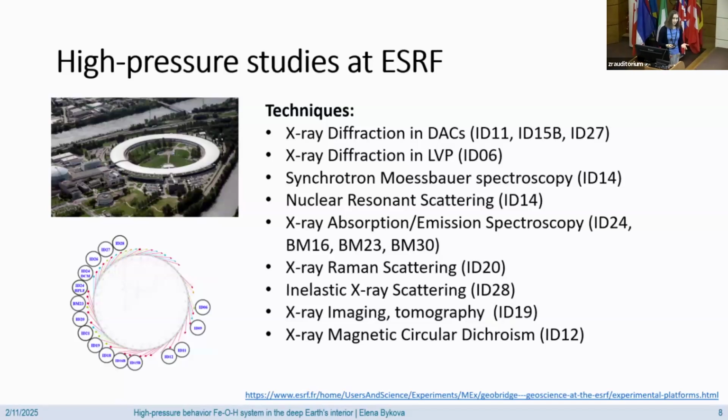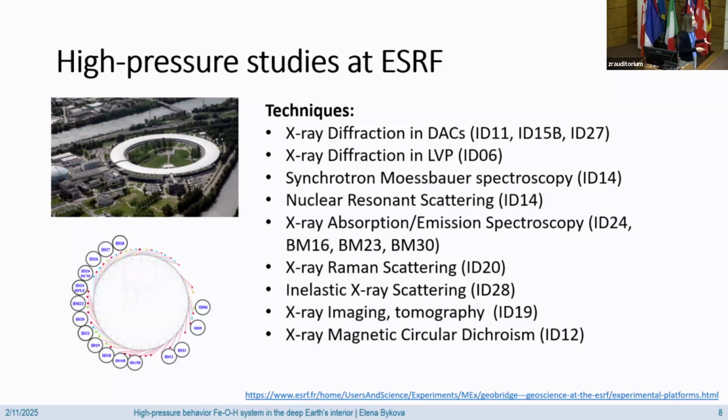And of course, since our samples are very, very small, the use of small focused beams is just unavoidable. And luckily at ESRF, there are lots of possible techniques with which one can study materials at extreme conditions. I took that from the ESRF page. Many beamlines provide opportunities to do studies in the high pressure environment.